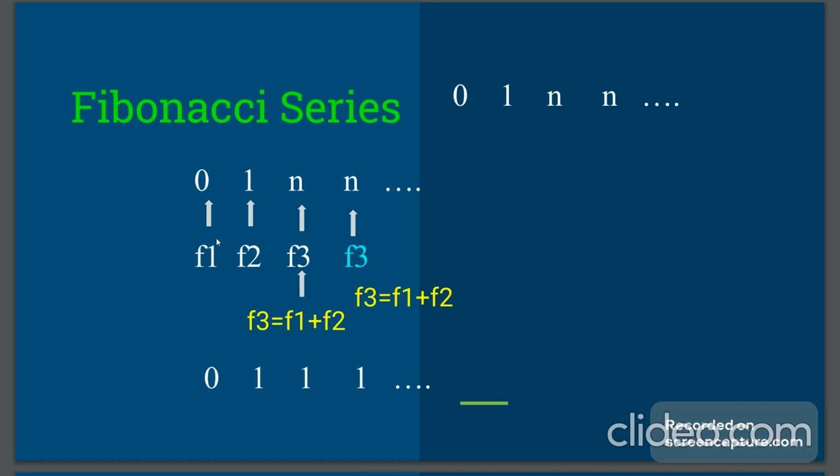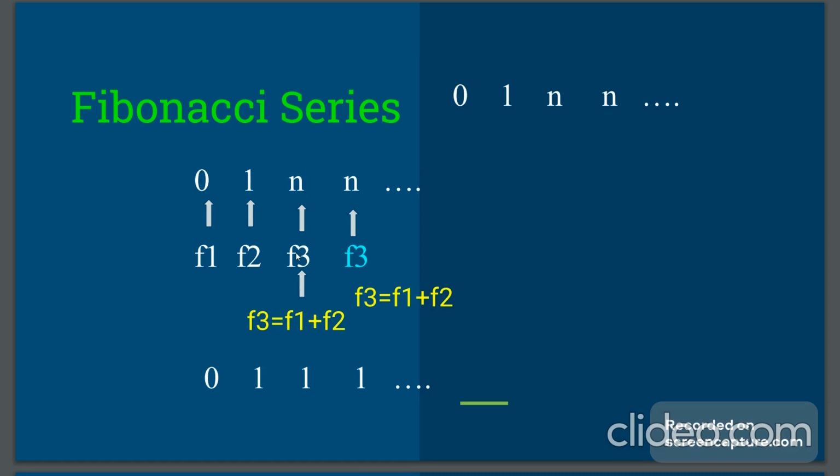So for implementing that logic, we will start with 0 and 1. Suppose I am assigning the name f1 to 0 and f2 to 1. We will print these numbers 0 and 1. For calculating f3, we will apply the formula because every next number is the sum of the two previous numbers.